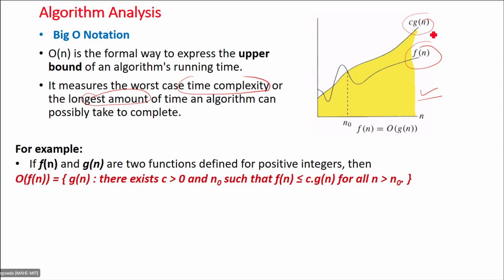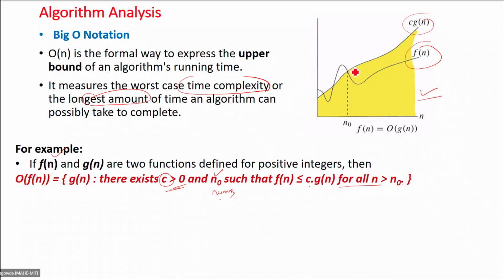If f of n and g of n are two functions defined for positive integers, then f of n is big O of g of n if there exists a constant c greater than 0 and a number n naught, such that f of n is less than or equal to c into g of n for all values of n greater than n naught.